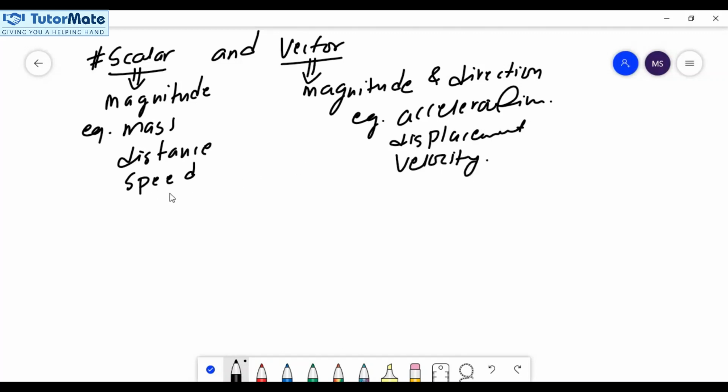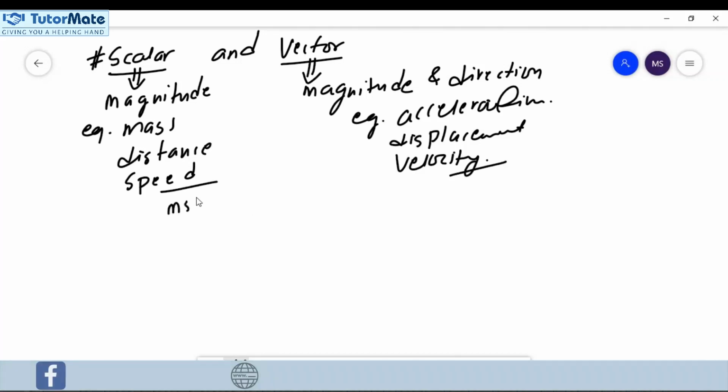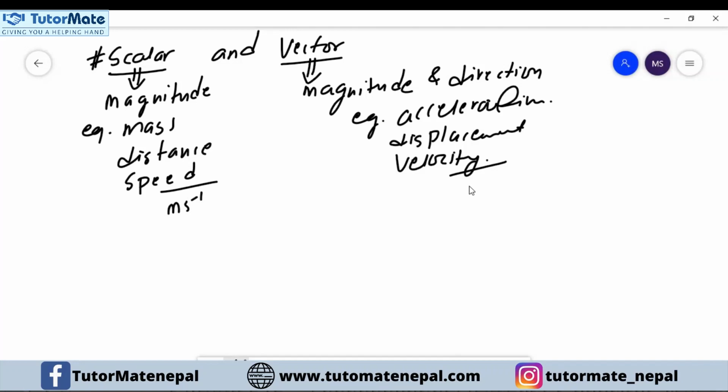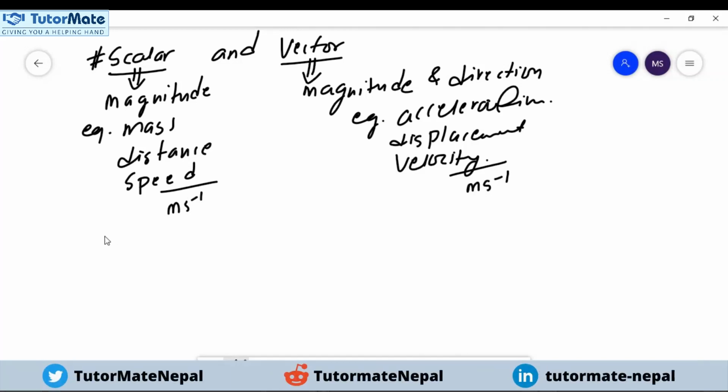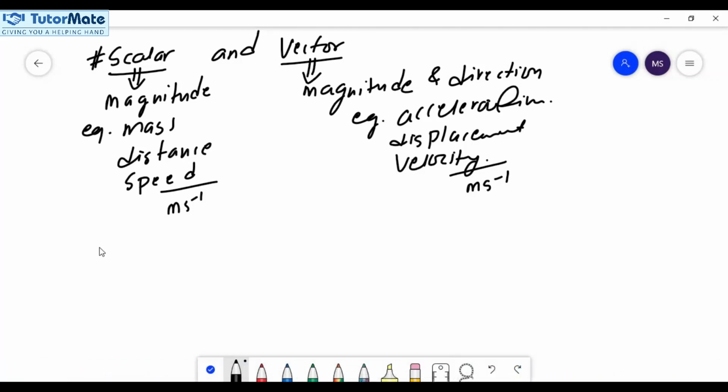Though the unit of speed and the unit of velocity is the same, meter per second, how do we identify whether this is a scalar quantity or a vector quantity? By seeing the direction. For example, if it is a speed, we'll only say it is 5 meter per second.